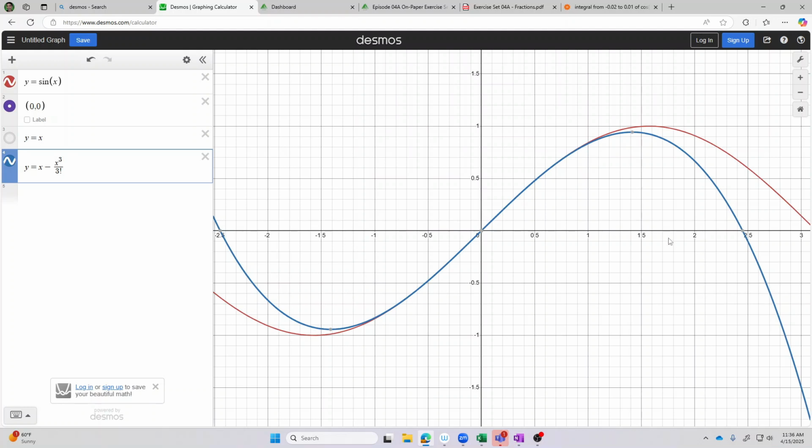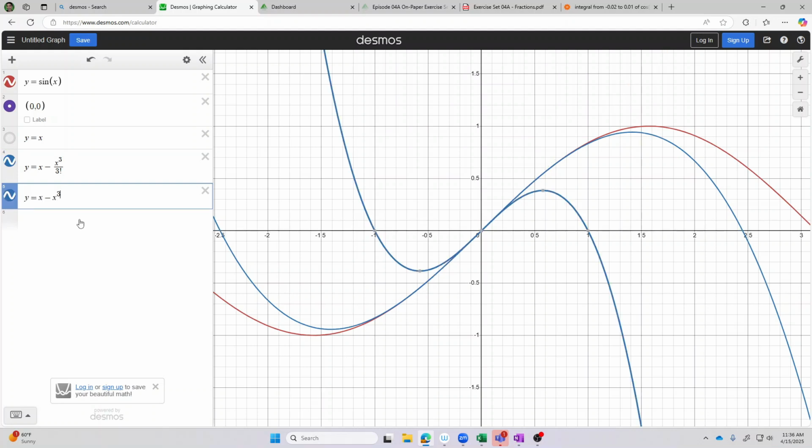But we can see a discrepancy beginning to form over here at x equals 1.5, right? Here where the two functions are beginning to separate from one another. So let's see what happens if we graph the Taylor polynomial of degree 5.